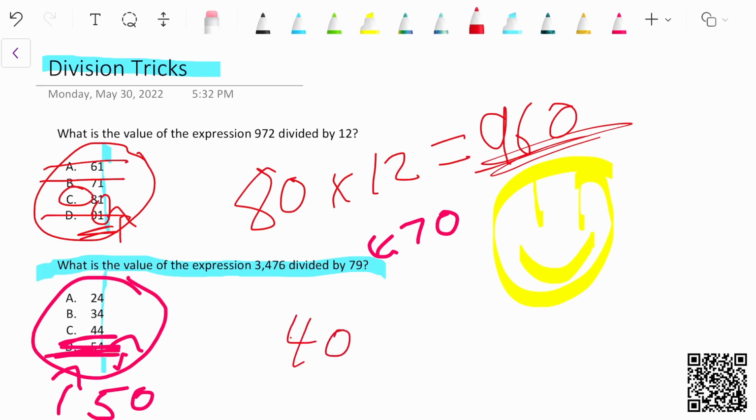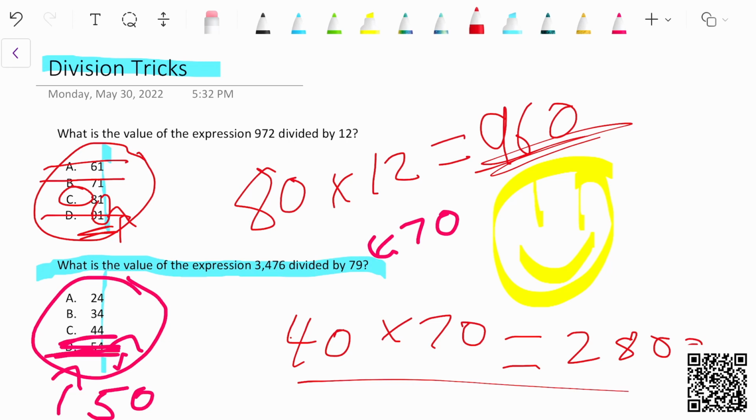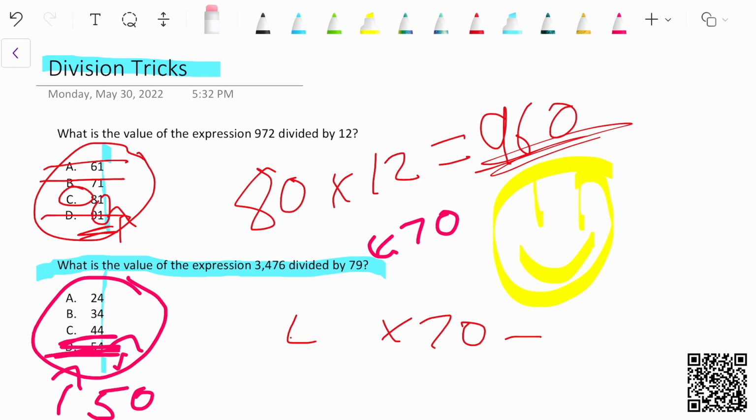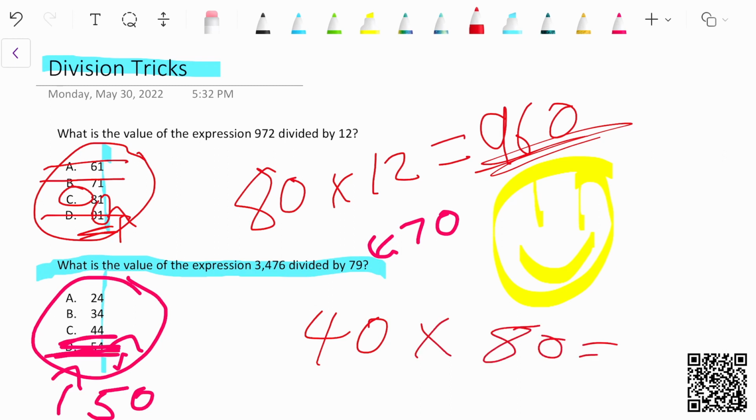So 40 by 70 is 2800. That's a little too small. But 79 has a number that's even closer to it, which is 80. So let's try 80 with 40 here. So 40 times 80 equals 3200. Oh, look, that's very close.